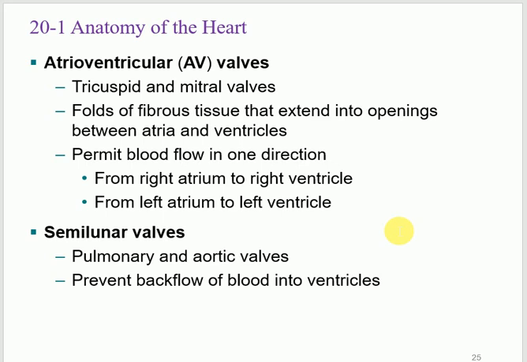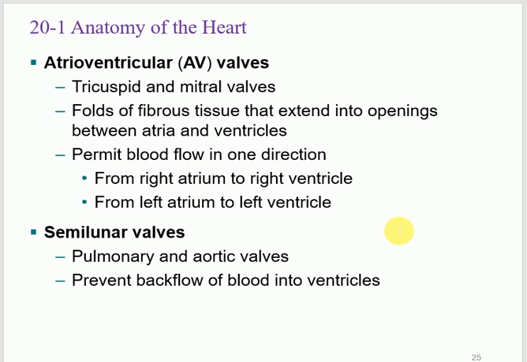Tricuspid. The right AV valve is called tricuspid. I showed you the three cusps in the right side. While the left side is called bicuspid, and also called mitral valve. Three names for the left, two names for the right.